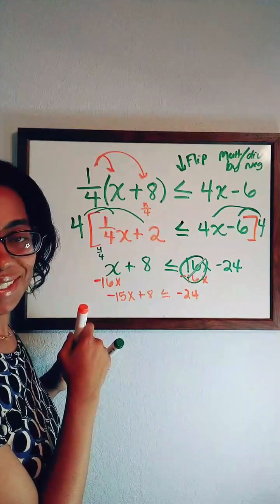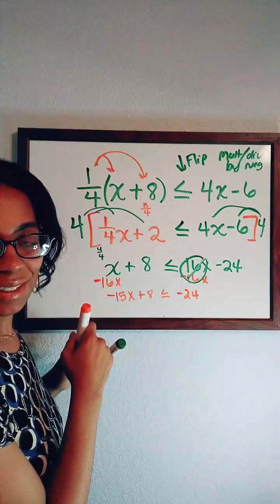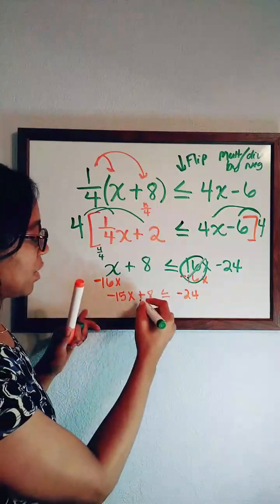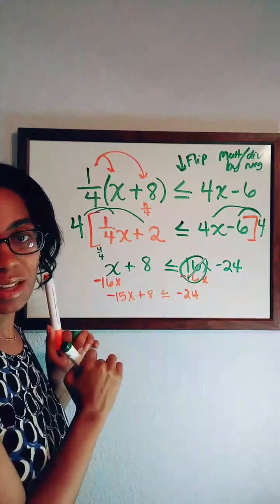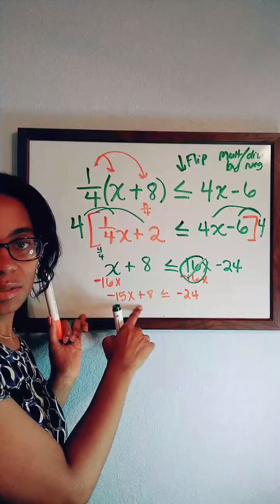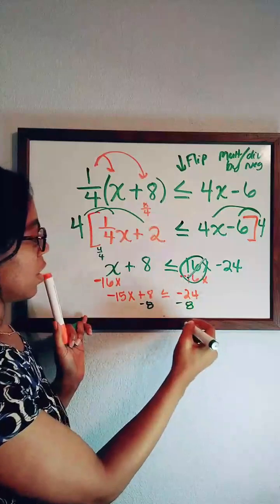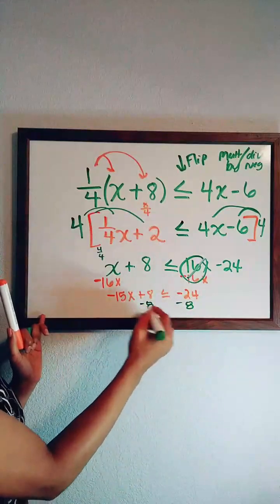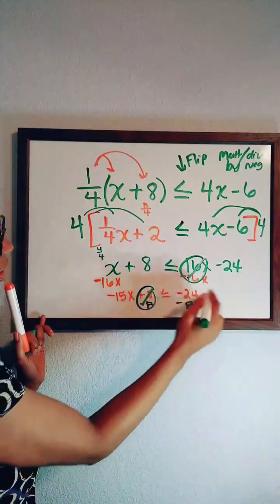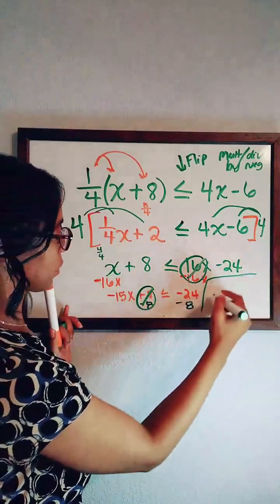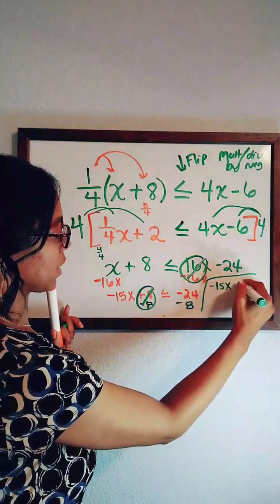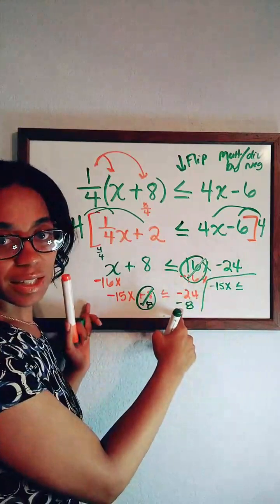Y'all are doing amazing. Plus 8, or wait a minute, Nay. If it's already positive, there we go. We're going to subtract it from both sides. I'm going to see if I can squeeze it right here. So I have negative 15x is less than or equal to negative 24, negative 8.